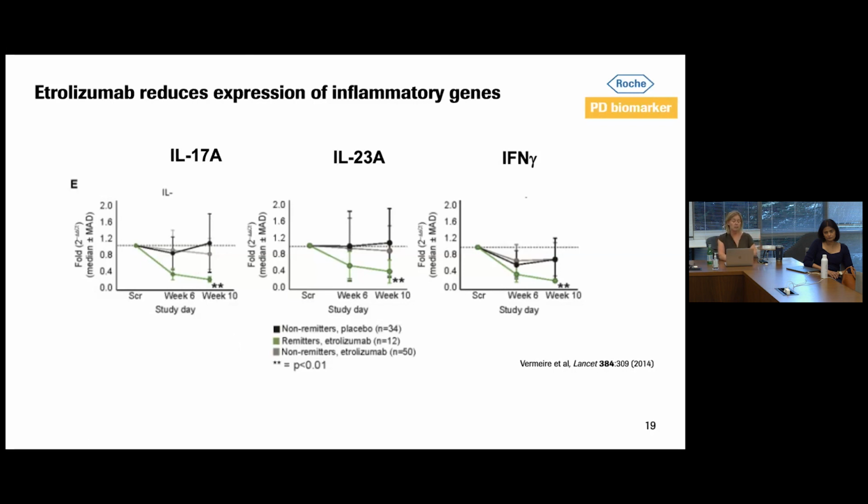This is expressed by patients that were either considered remitters or non-remitters, which is one of the clinical endpoints. People who had a clinical benefit did indeed show reduction in expression of these key cytokines, which are known pathogenic cytokines in IBD. So that really started to elucidate a bit of the mechanism of action of beta-7.